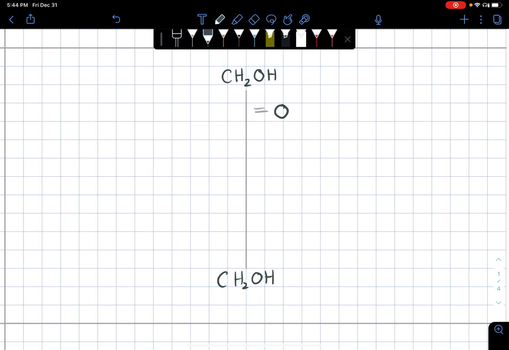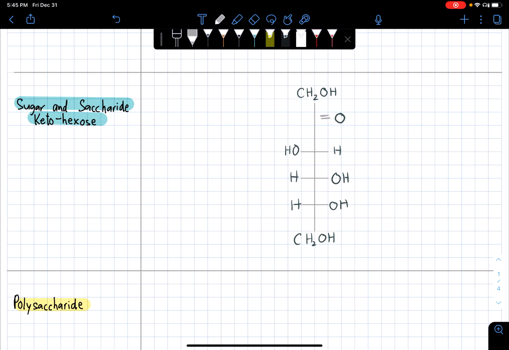Here we have an arrow. I mean, not exactly an arrow, but an equal sign, in mathematical terms. So we connect it with an oxygen there. We place 3 horizontal lines here. Place hydrogen in these positions. Place HO here. And for these 2 parts, we place OH. So that's it. That's everything for ketohexose.